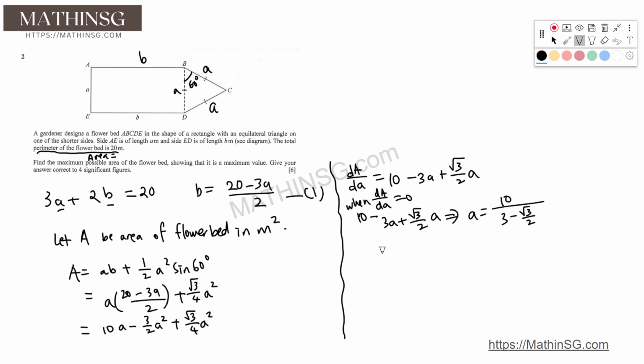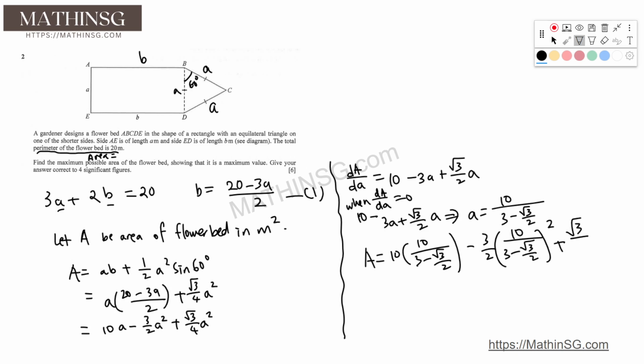Then uppercase A is equal to this. Because everything can be typed into the calculator, just type it into the calculator. Because they want 4 significant figures, you get 23.43.